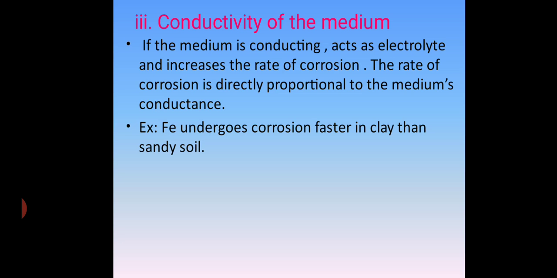For example, Fe undergoes corrosion faster in clay than sandy soil. So many different minerals will be there in clay, which once again increases the conductivity. So conductivity is directly related to rate of corrosion.